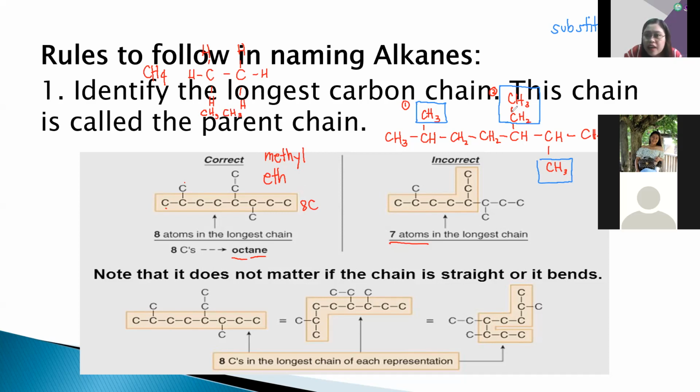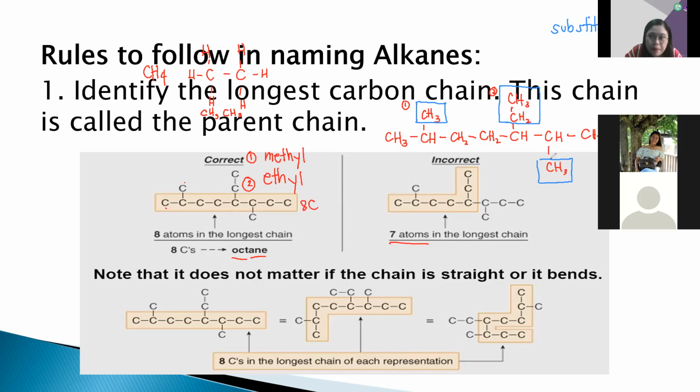Now what happened here? This carbon here is just CH2. So kulang din siya ng isang hydrogen. And that's when you remove 1 hydrogen, it will become an alkyl. And thus, hindi siya mag-end with ane. Instead, mag-end siya with yl. So this one here, the first one is called methyl, the second one is called an ethyl.